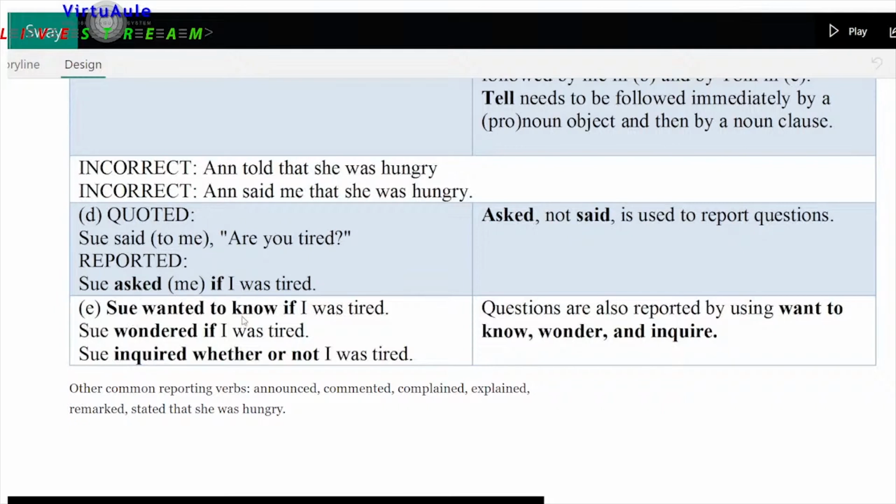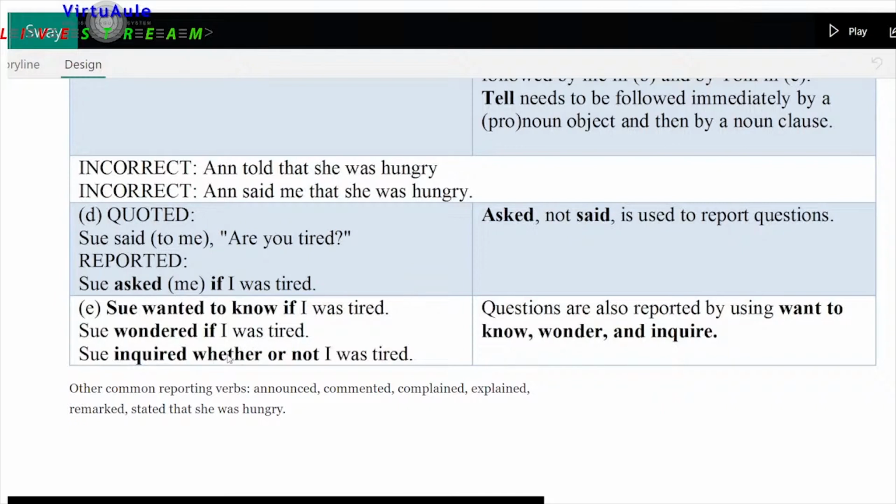Let's look at E. Sue wanted to know if I was tired. Sue wondered if I was tired. Sue inquired whether or not I was tired. Okay, questions are also reported by using want to know, wonder, and inquire. Okay, there are different ways; you don't have to always use ask, but you can use these different forms.